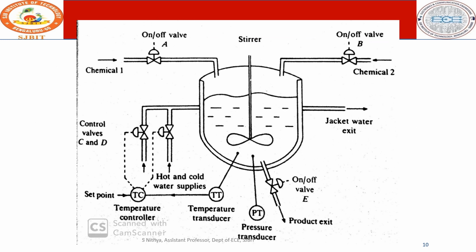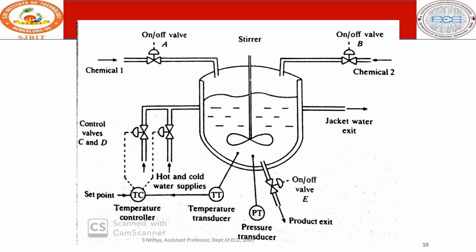If you see here, there are two chemicals, chemical 1 and chemical 2. The two chemicals are mixed in a vessel at a specified temperature, and we are going to produce one more material. That is the basic idea here.